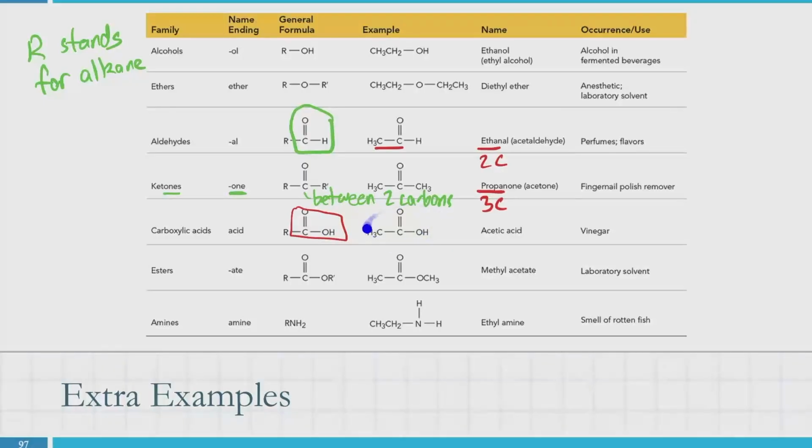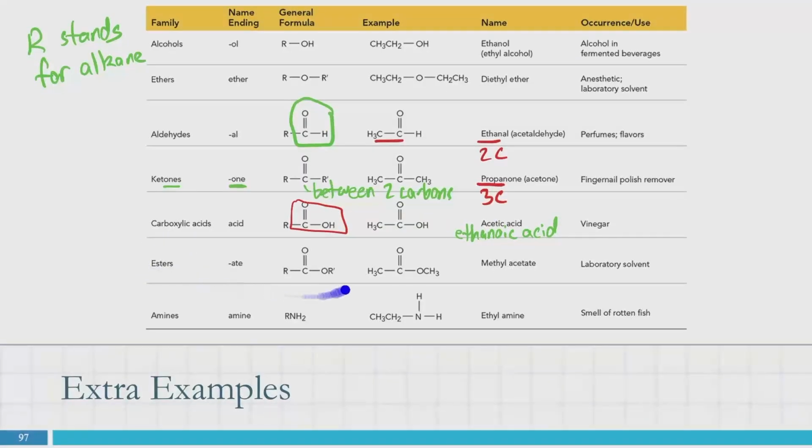And we've got an example with acetic acid, so this is the one that you'd find in vinegar. You could also call this ethanoic acid. I think would be the name. The ethan, because we've got 2 carbons. The oic, because it's an acid, so we change the end to ic and add acid at the end.